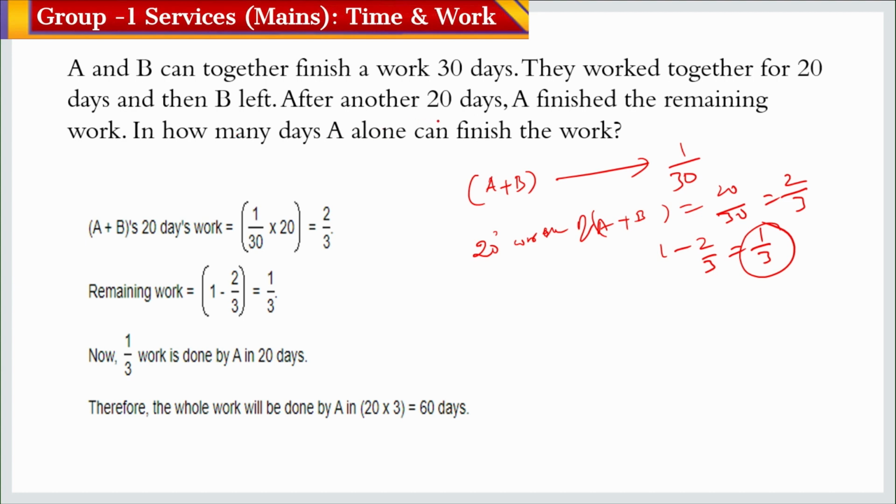After another 20 days, A finished the remaining work, means 1/3 work was done by A in 20 days. So if A wants to complete that work, 20 into 3, 60 days, correct. So A can finish the work in 60 days.